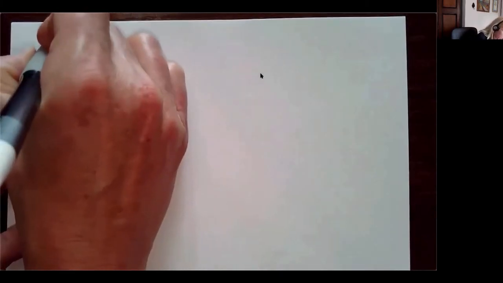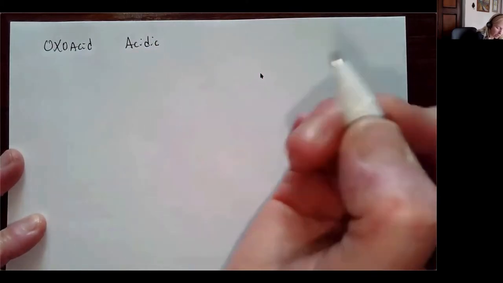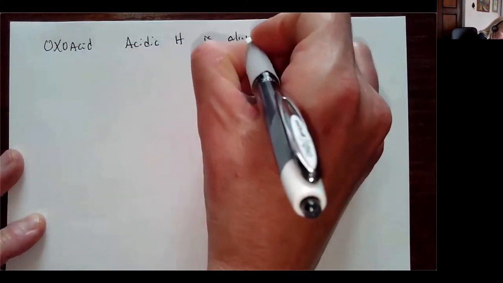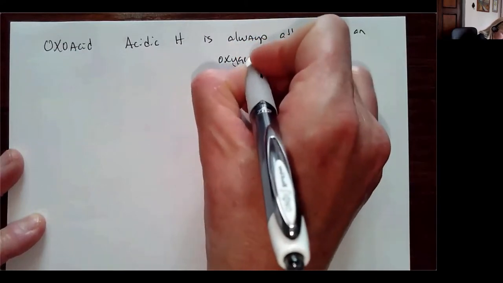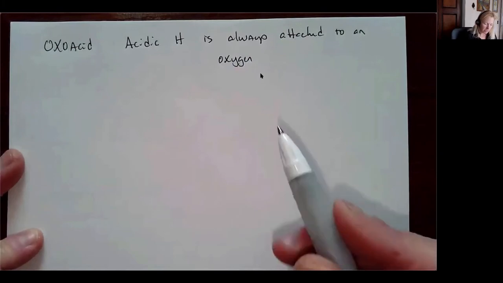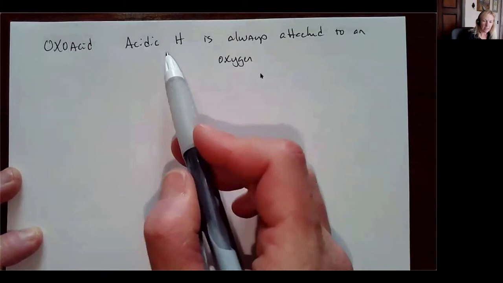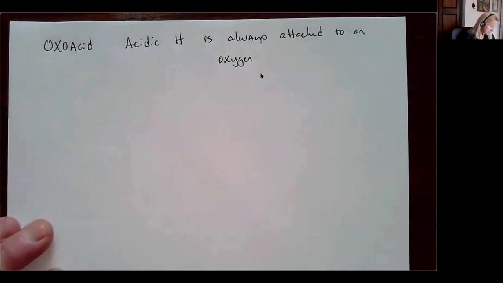So in an oxoacid, the acidic hydrogen, meaning the hydrogen that's going to be donated, is always attached to an oxygen. So these should be very similar, right? If I'm just looking at the bond between hydrogen and what it's attached to in an oxoacid, they're all the same. But oxoacids have varying acid strength. So there must be something going on.